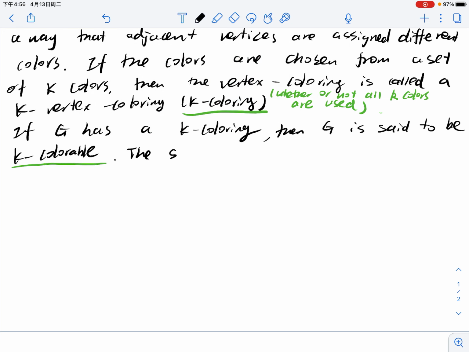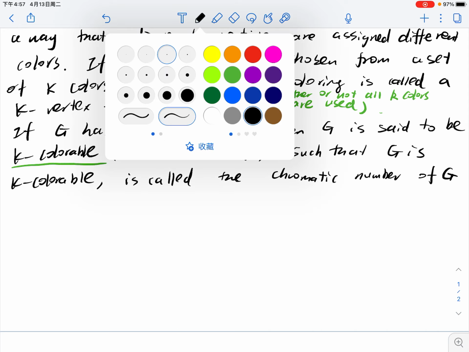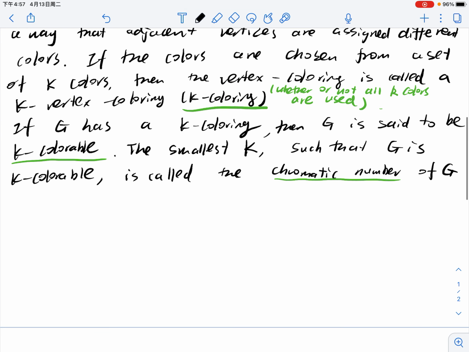And then the smallest k such that G is k-colorable is called the chromatic number of G, and denoted by chi(G).